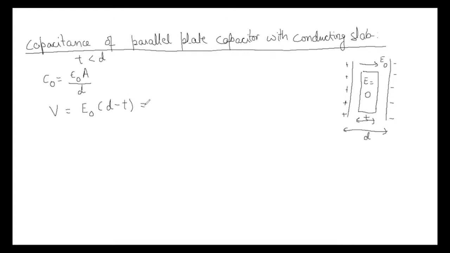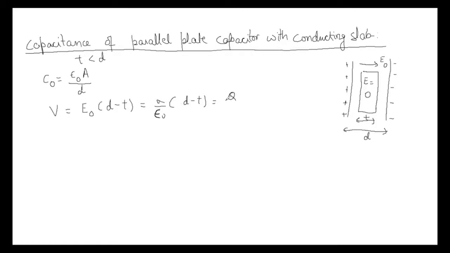This electric field can be written as sigma. We know that the electric field between the plates of the capacitor is given by sigma upon epsilon naught. So it is sigma upon epsilon naught into D minus T. Now what is this sigma? Sigma is the surface charge density.